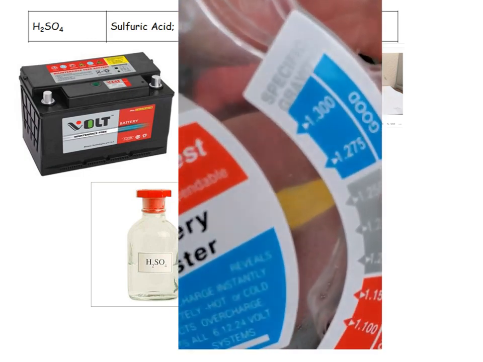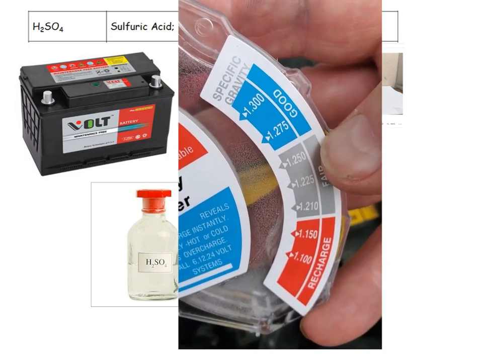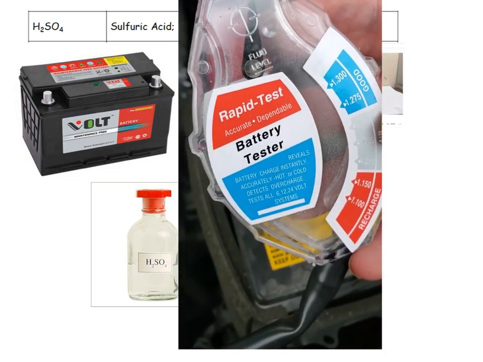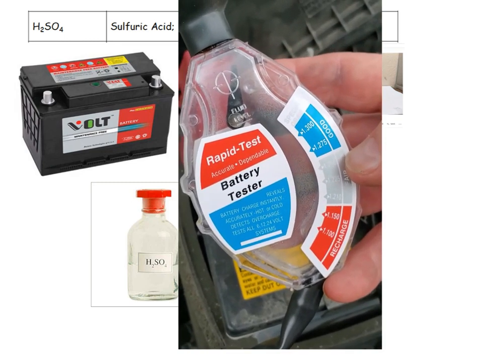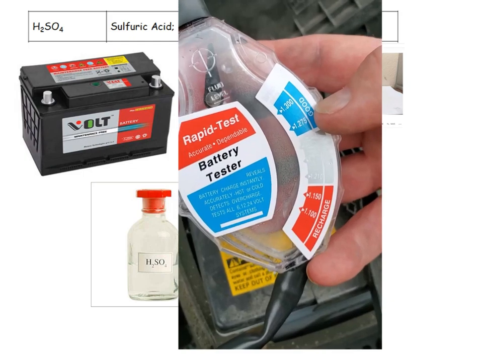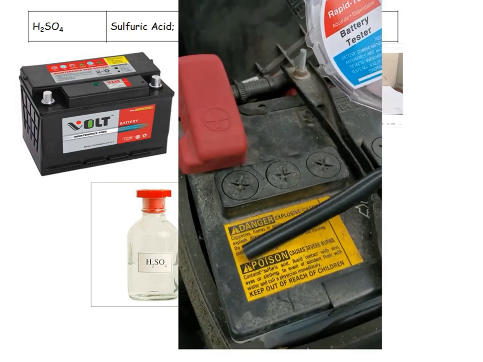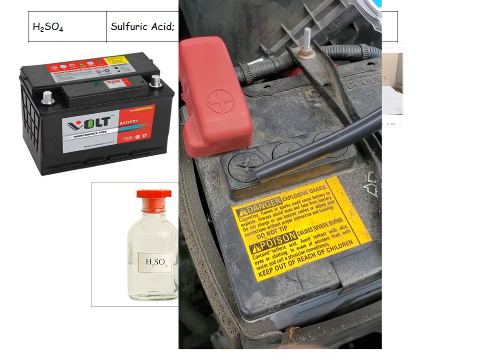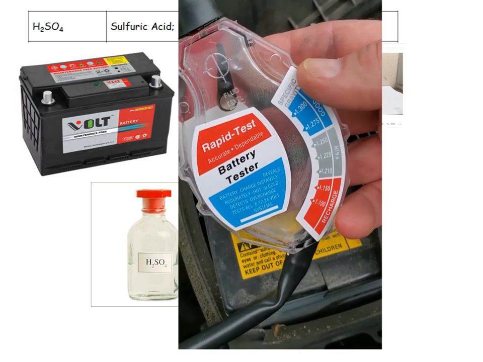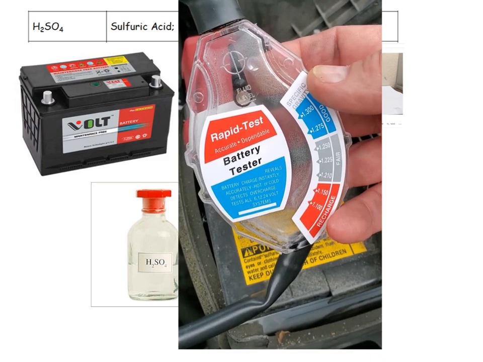So if we had a specific gravity of, say, 1.300, then it would be 1.3 times heavier than water. And that can tell us that the battery is charged or not charged. So what you have to do is take the cap off and suck some of the acid out of there into this little thing, and then it can tell you. Let's try it here.